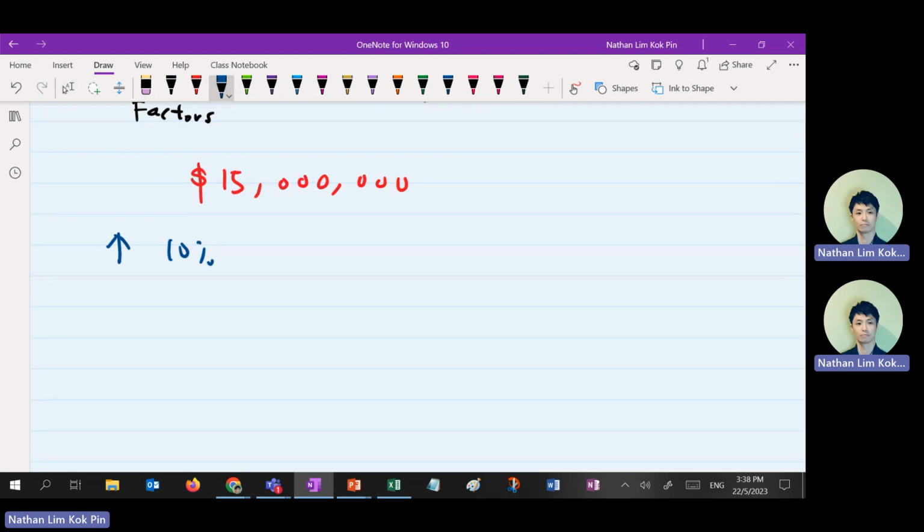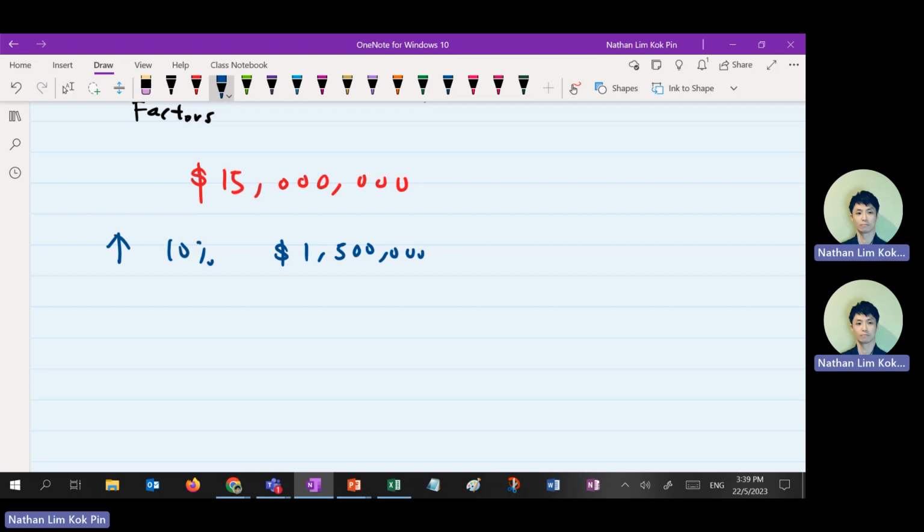If the price increases by 10%, the price increases by 1.5 million, not 16.5 million. I want the difference.